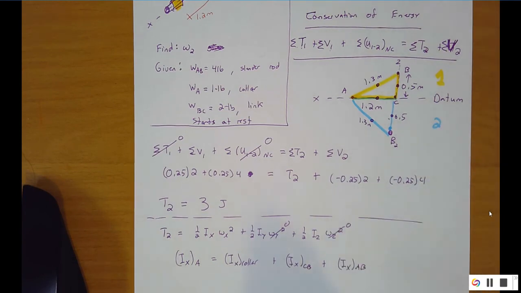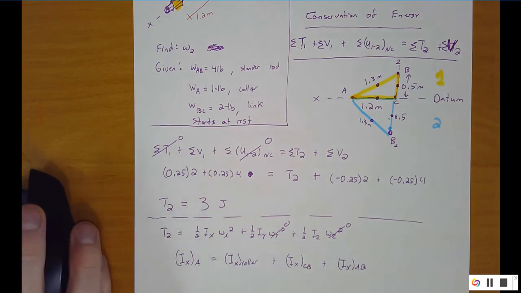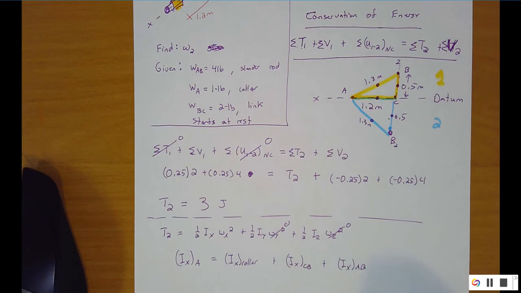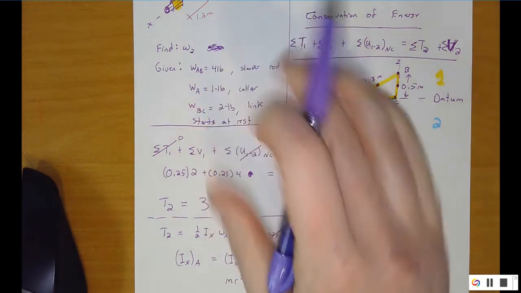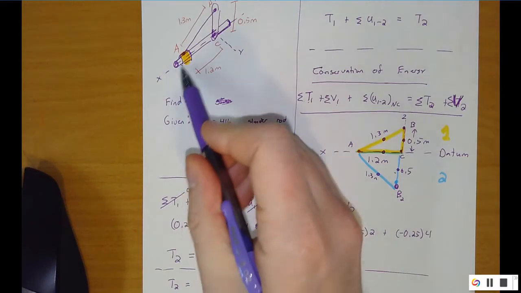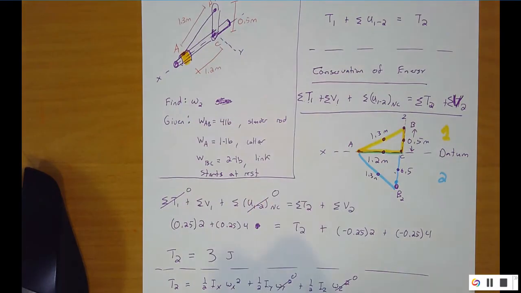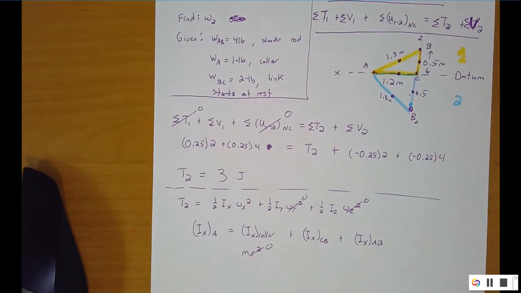So for a ring, which is a collar, if you look into the back of your book, you'll see a ring about its axis of spin is mr squared. But if you look at the problem, we're not given any radius of this bar, so therefore our radius is 0, which means we don't have a mass moment of inertia for our collar.